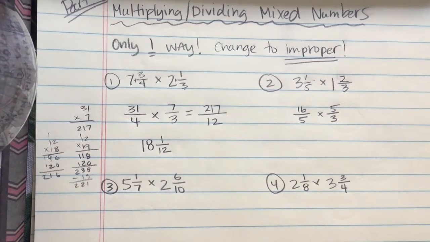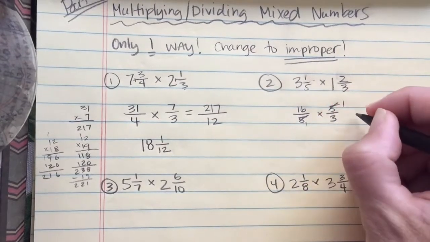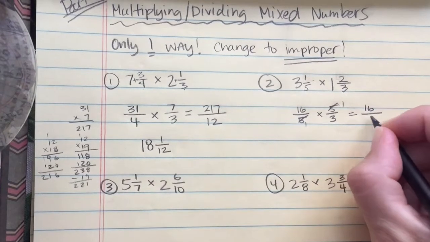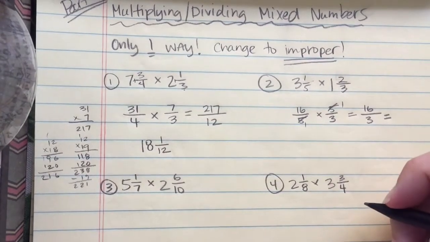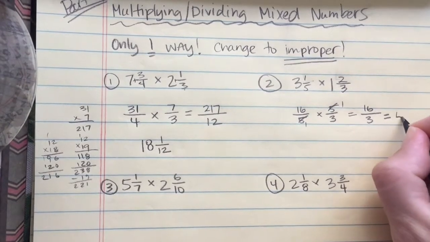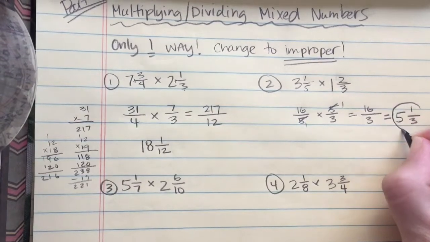Can you do some cross canceling? You sure can. You can cancel both of these into ones. So you end up with 16/3. And that mixed number, 3 goes into 16 5 times. 1 left over. Denominator stays the same.